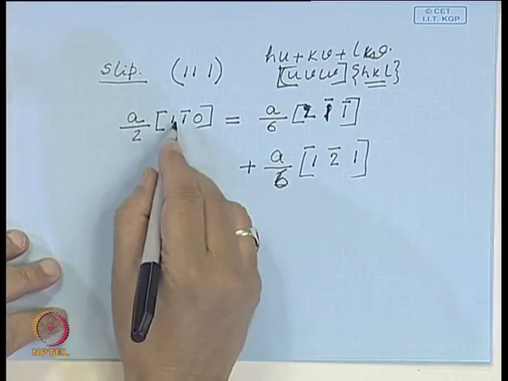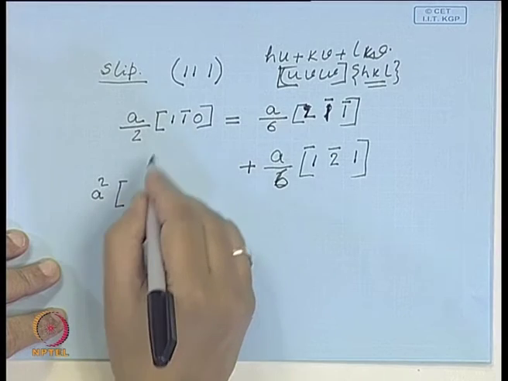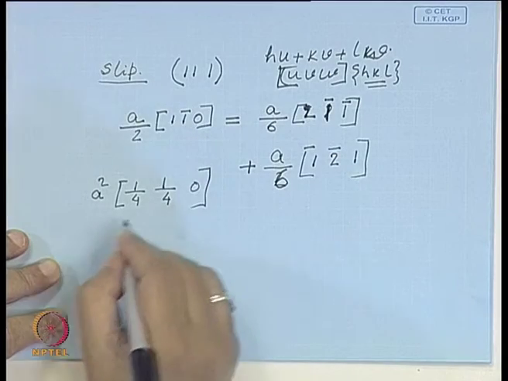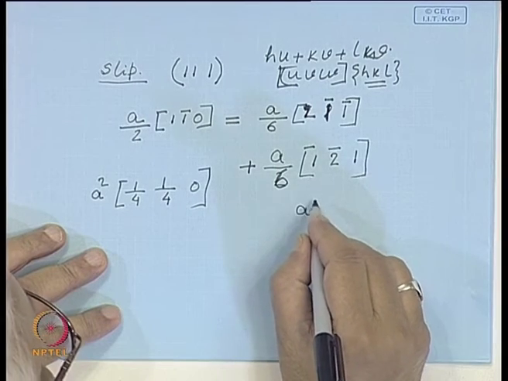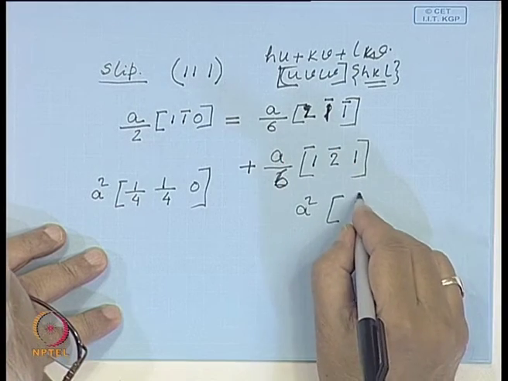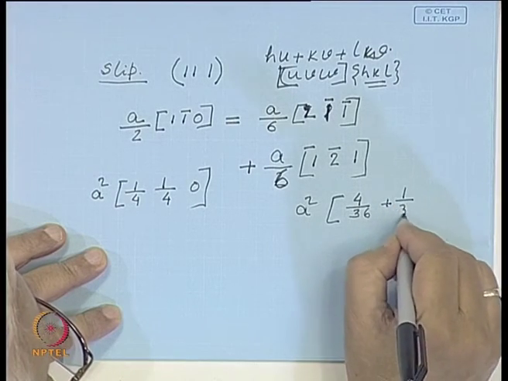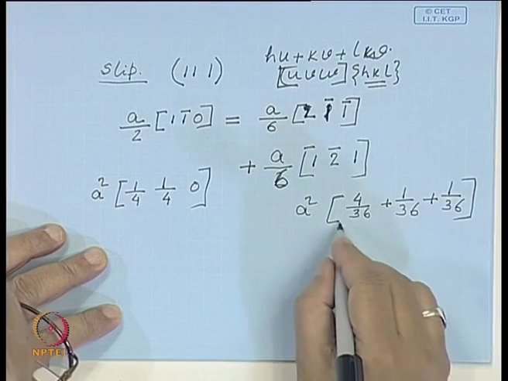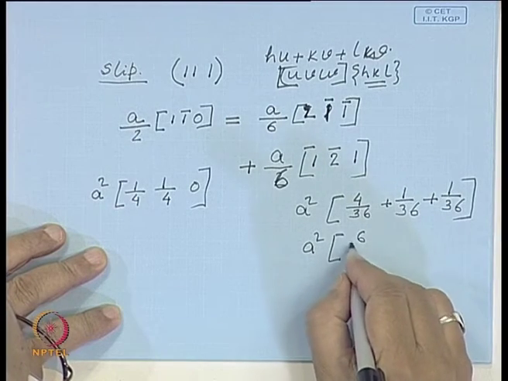How do you find out? You again do the same thing. This will be a square times 1/4, 1/4, 0, so this equals a square over 2. And in this case it is a square times 4 by 36, 1 by 36, 1 by 36, so this comes to a square over 6.